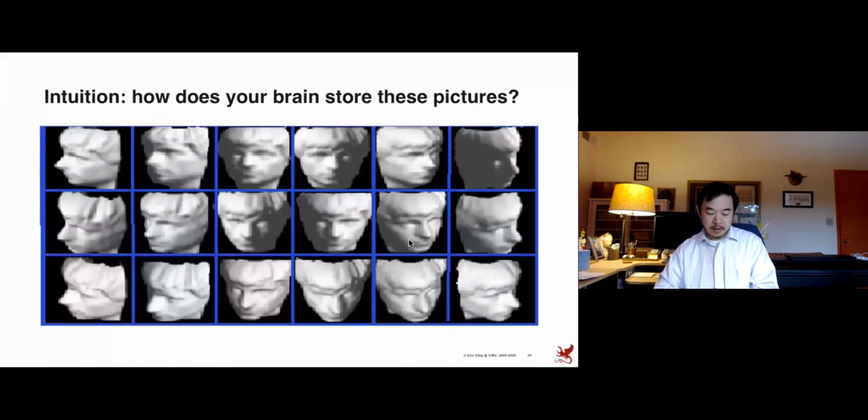For example, does our brain store all these pixels literally, or do we discover patterns from the images? For example, here you can probably see that there are maybe left side views, middle views, and right side views and so forth. Maybe that's the way we recognize images.